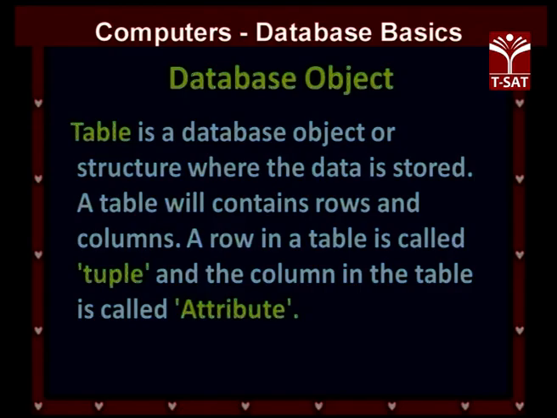A table contains rows and columns. A row in a table is called a tuple, and a column in a table is called an attribute. So when you drill down, a collection of fields is a record, a collection of records is a table, and a collection of tables is a database. Not only that, we have relations between these tables, as we discussed: one to one, one to many, many to many.